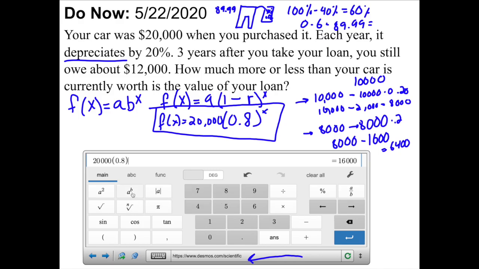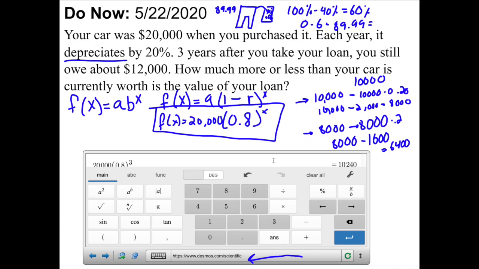To the power of 3. Now, notice that it's 0.8, and 0.8 is 4/5. 4/5 is between 0 and 1, so we expect it to be getting closer to the asymptote as time goes on, and so we expect the values to be decreasing in this case.